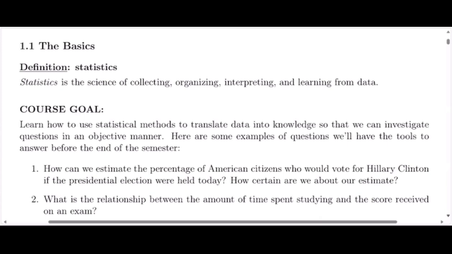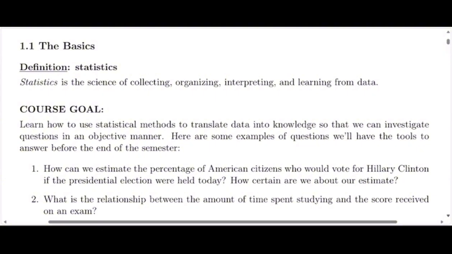The goal of statistics is to use statistical methodology to translate that very data into knowledge. You can't translate data into knowledge without using statistical models, which we call statistical techniques.